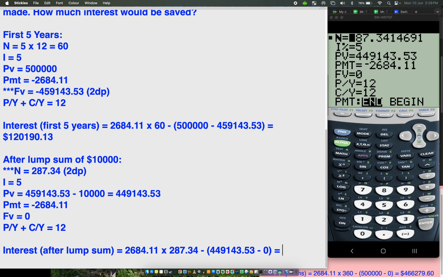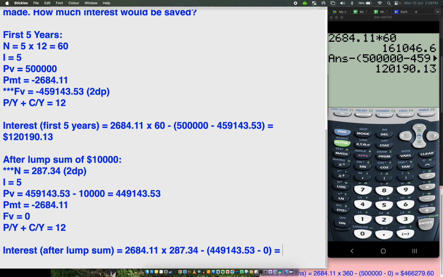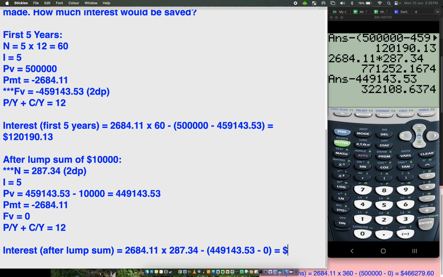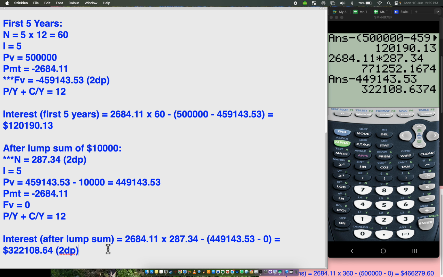It equals 2684.11 times 287.34, take away 449,143.53. That tells me I pay $322,108.64 to 2 decimal places after the lump sum.